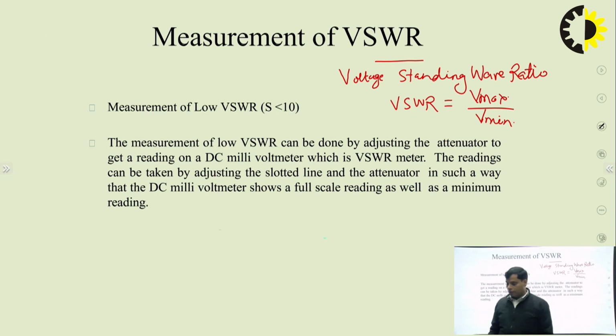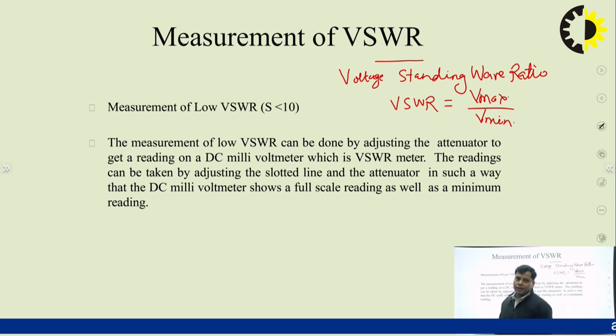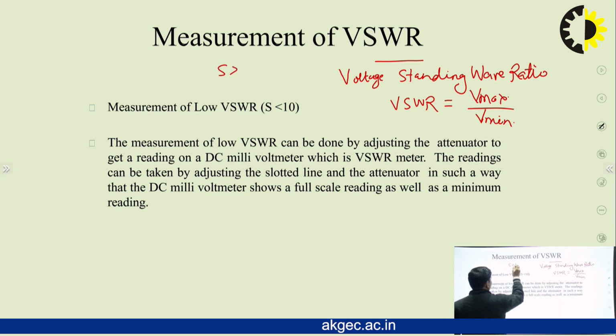When we are calculating the VSWR, it is classified into two categories as per the value: S less than 10 and S greater than 10.